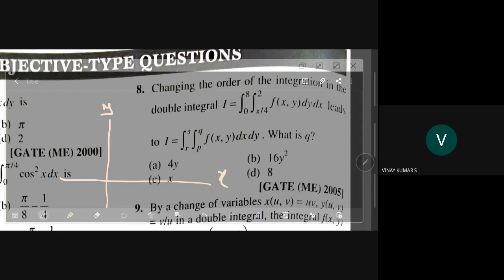So here y is equal to x by 4, y is equal to 2. They are the limits. y is equal to x by 4 means it's a line passing through origin with the positive slope. So how does the graph look? x by 4 is less than x.